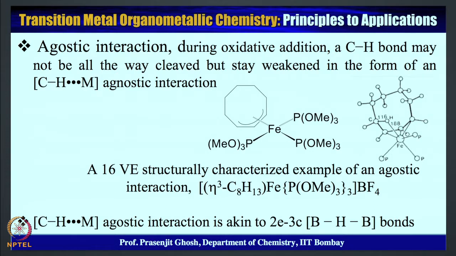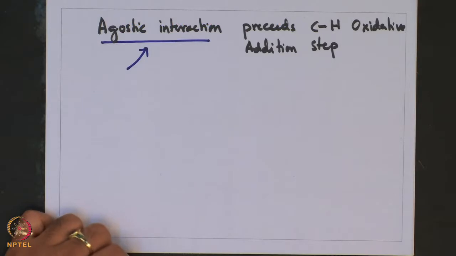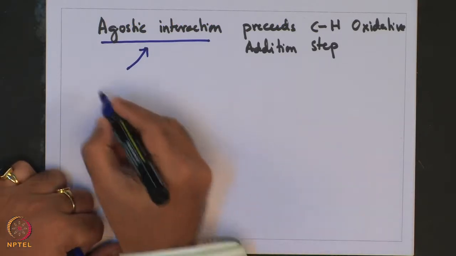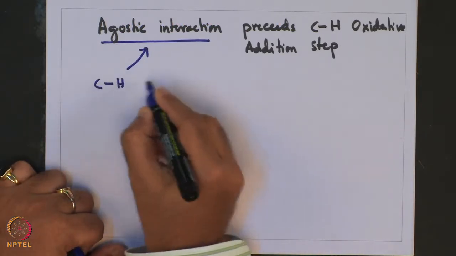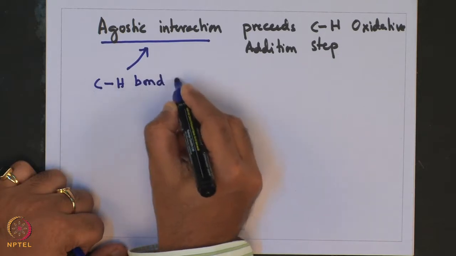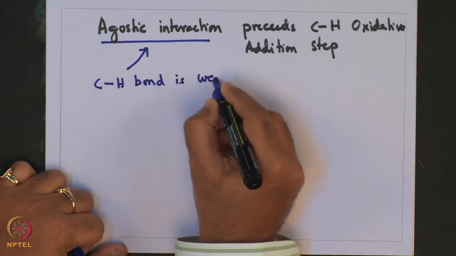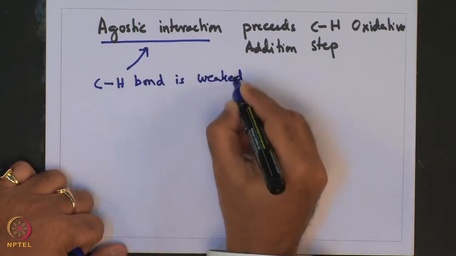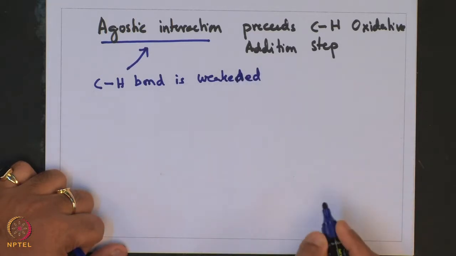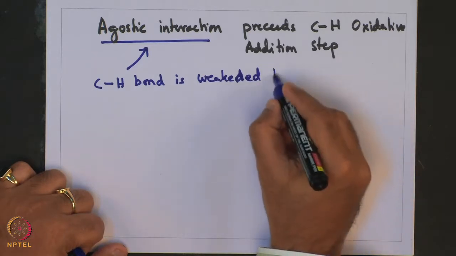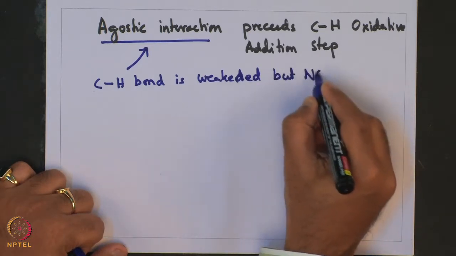And what it turns out is that in this agostic interaction the CH bond is weakened considerably, but not cleaved.